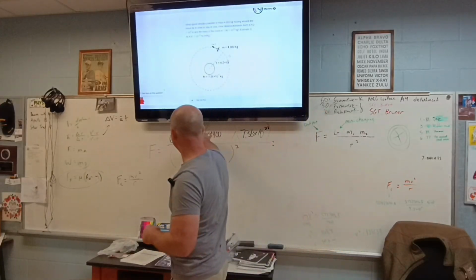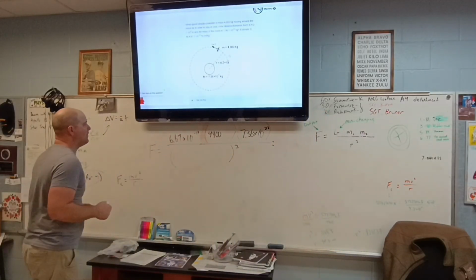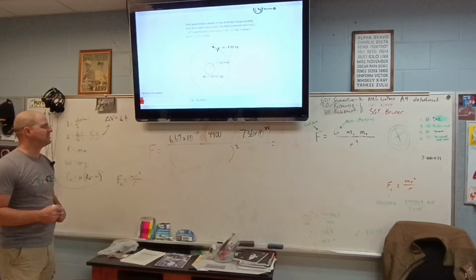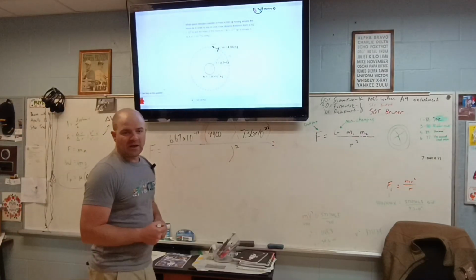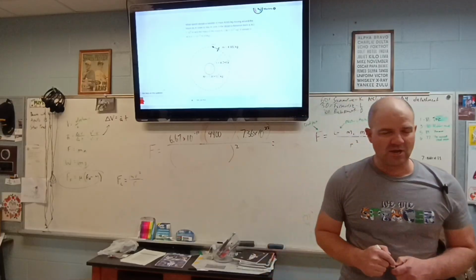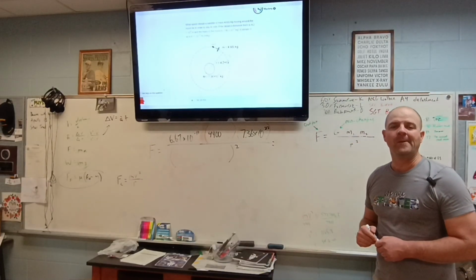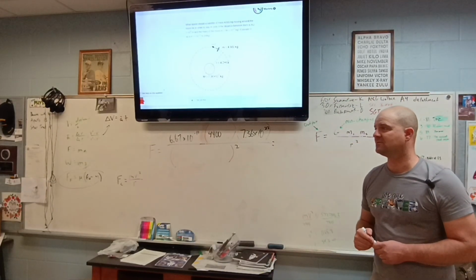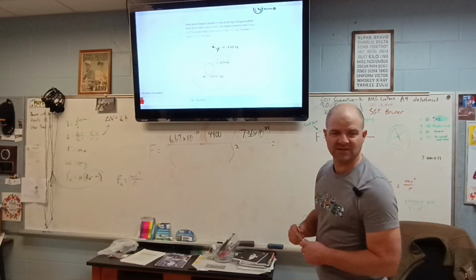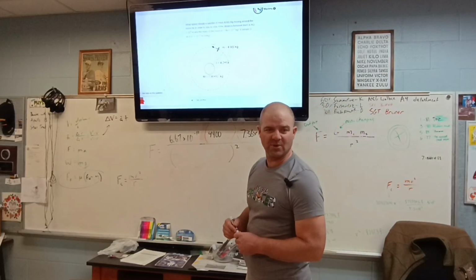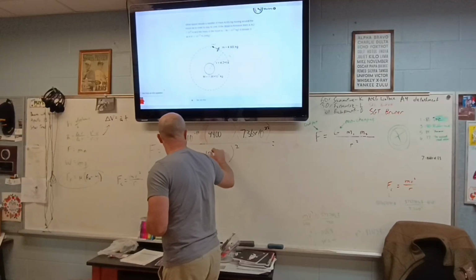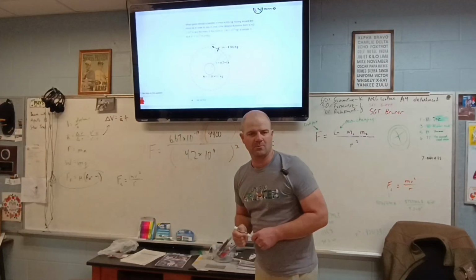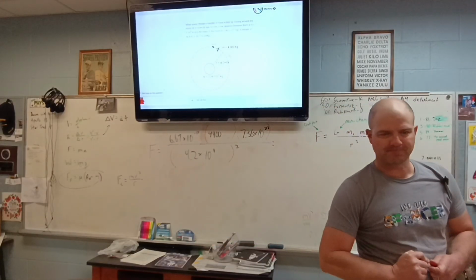Multiply those together and also by the gravitational constant, 6.67 times 10 to the negative 11. Once you multiply those three together, we divide by the distance squared, and the distance is 4.2 times 10 to the 9th meters. It's already in meters. Perfect.